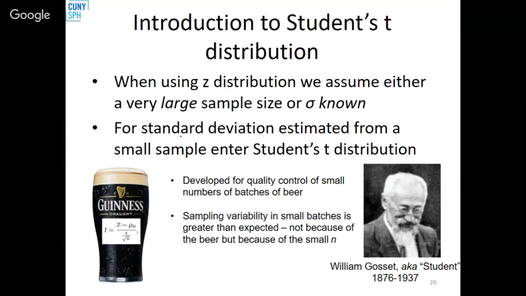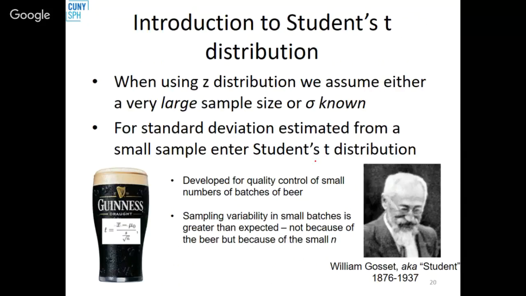And the reason is that we have some uncertainty in the variability. To account for that enters the so-called student's t-distribution, which came from William Gossett, back in the early 20th century, an employee of Guinness.